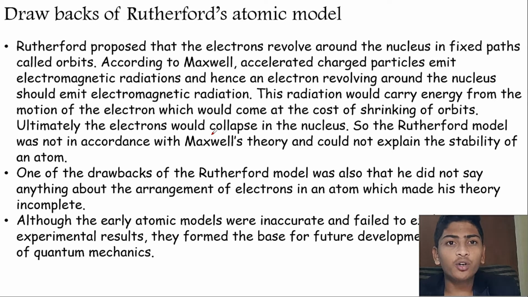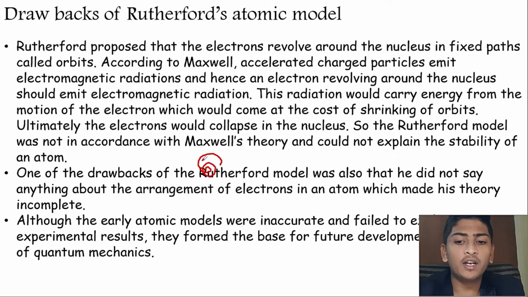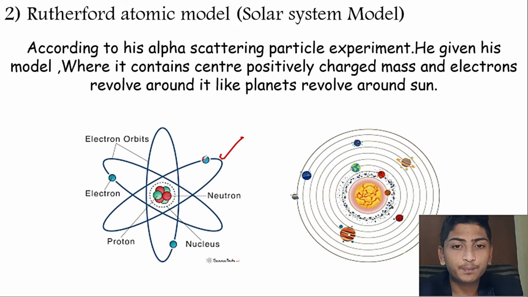Maxwell, a great scientist, found that a continuously moving particle loses its energy and goes inward. When you start to turn around in a circle, after some time you will reach the middle of the circle.